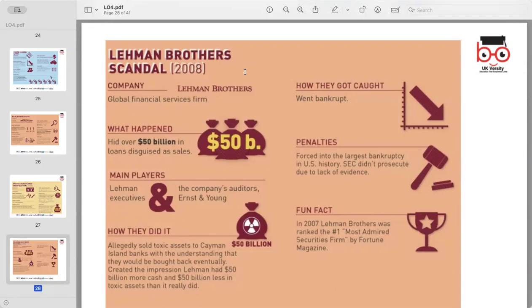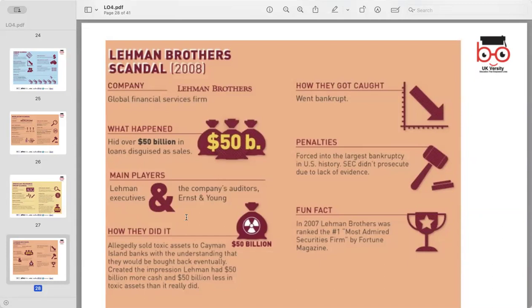The Lehman Brothers scandal in 2008 further shocked the financial world, as the global financial services firm was found to have hidden over $50 billion in loans disguised as sales. Executives allegedly sold toxic assets to Cayman Islands banks, creating a false impression of the company's financial health.